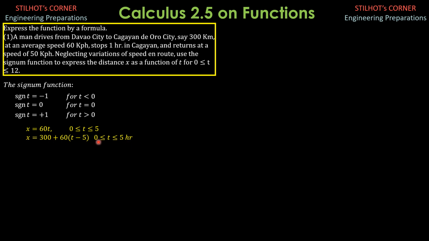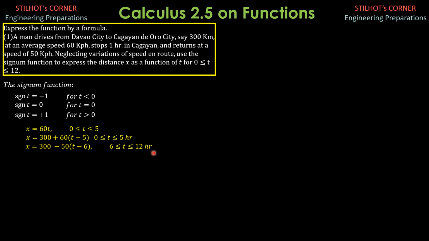So this formula is correct for this interval of time. Then x is 300 minus 50 times (t minus 6) for the case where 6 ≤ t ≤ 12 hours.